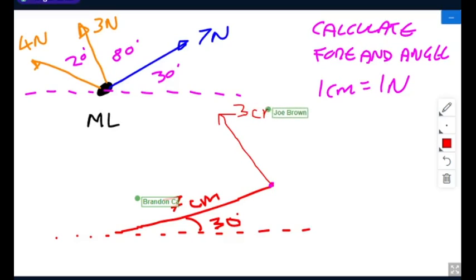Oh, we're a bit tight now. Let me get this right. Is that right, that angle? Really, it should be 80 degrees, right?